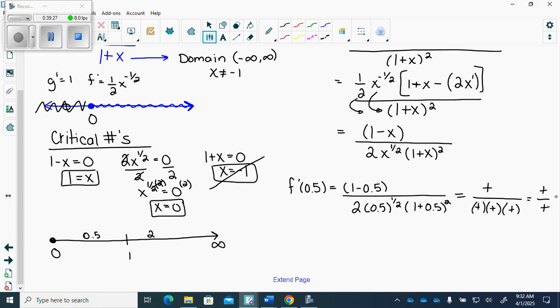Positive. So I know that here it is increasing. Do you see what I'm saying by if I just want to know if it's increasing or decreasing a positive sign? I'm not figuring out any math there. I'm just using positive and negative signs.